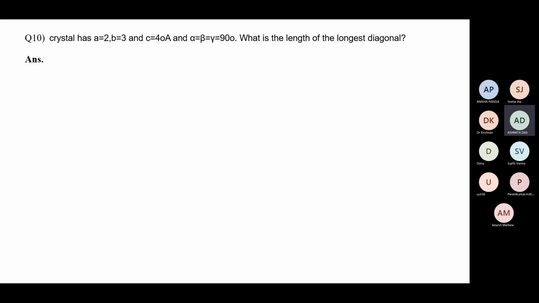A crystal has a equals 2, b equals 3, and c equals 4 angstrom, and alpha, beta, and gamma equal 90 degrees.